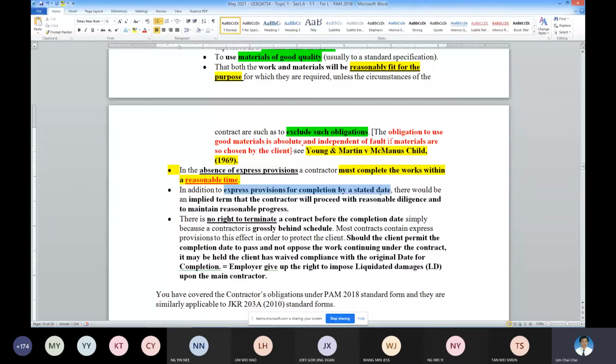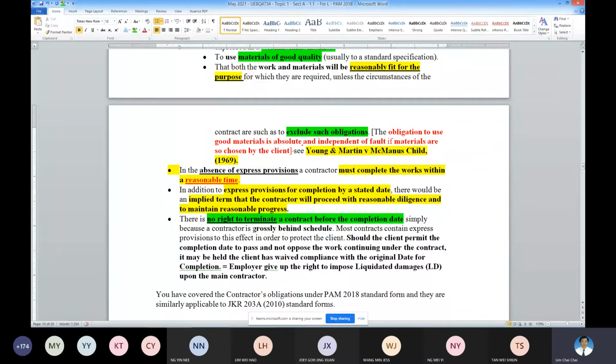There is an implied term that the contractor will proceed with the work to achieve the date stated. And the contractor has no right to terminate the contract before the due date. I already mentioned earlier, the contractor must finish it.